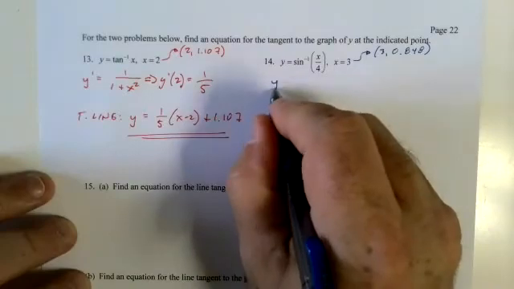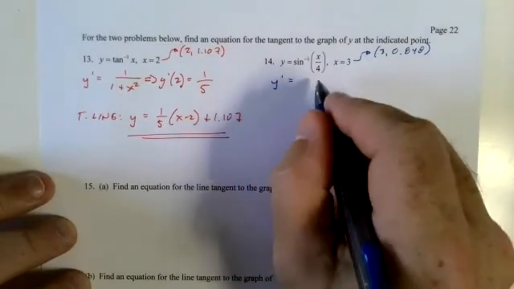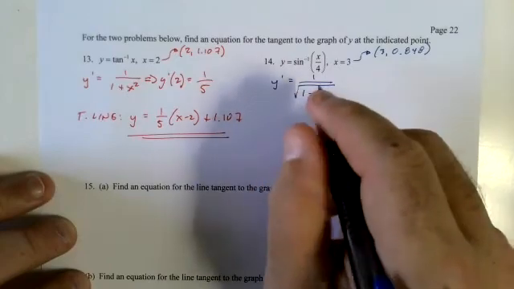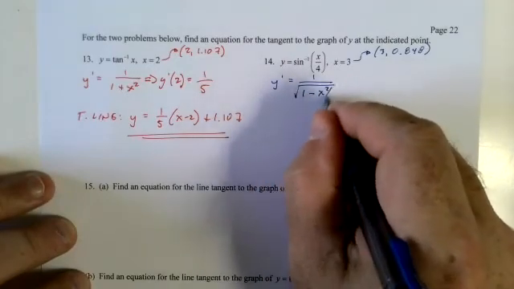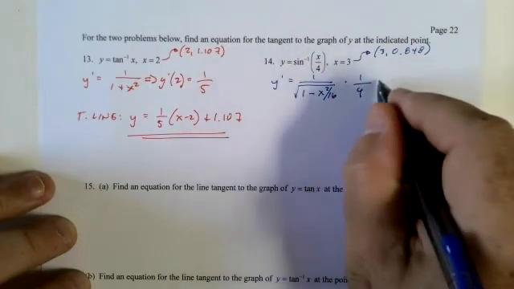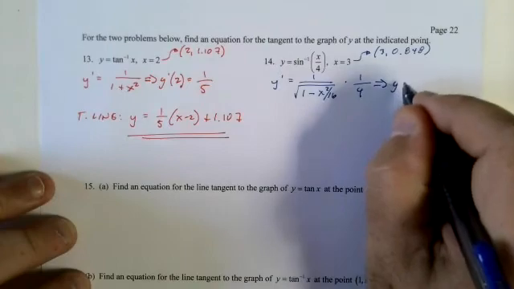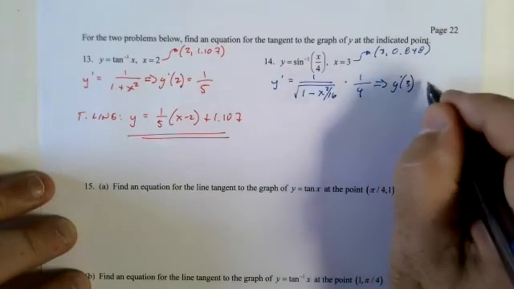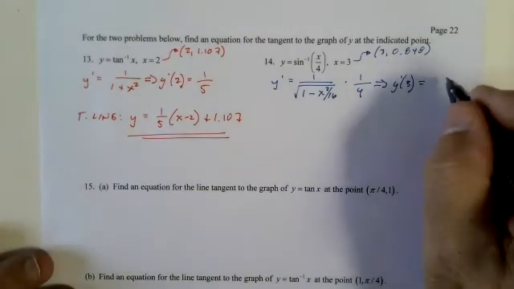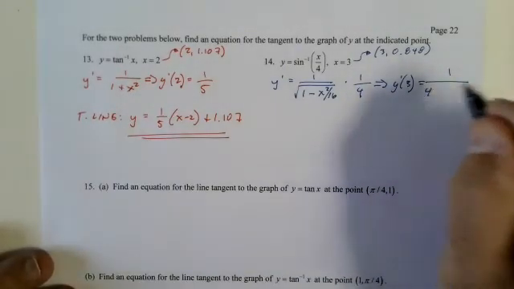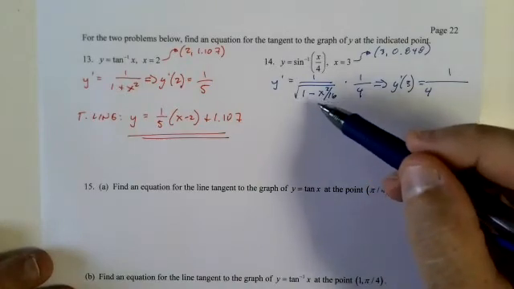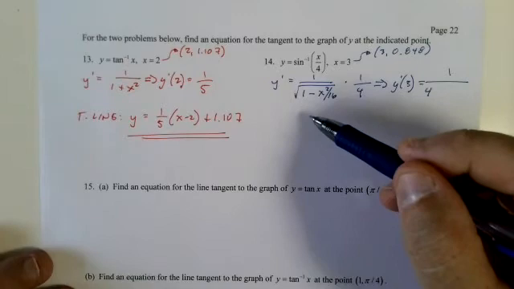And then we go with y prime equals 1 over square root of 1 minus x squared over 16, times 1/4. Y prime of 3 equals, 16 minus 9 is 7/16.